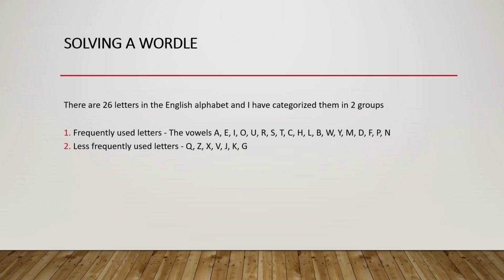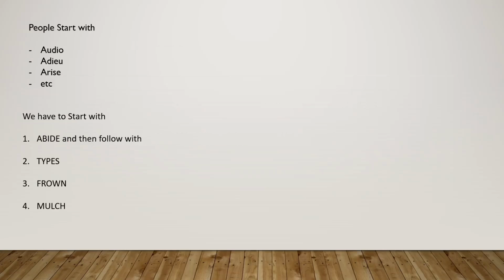That's why I have made a separate category of those letters which I haven't used. You may ask me, what will happen if the word has the least frequently used letters, like skate or viper? Not to worry, you will have the answer to this question in the next slides.